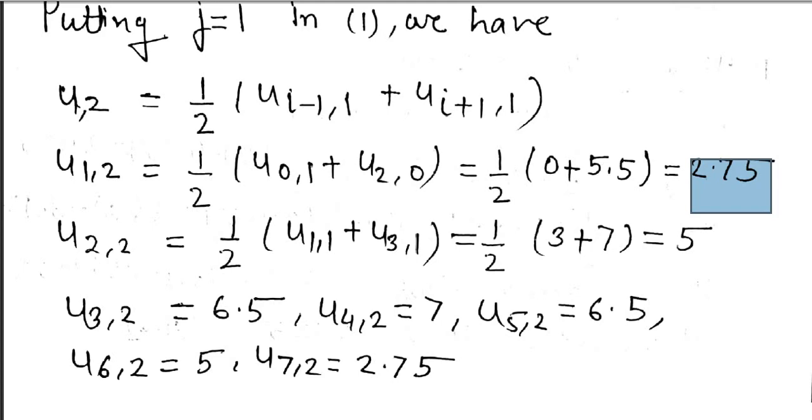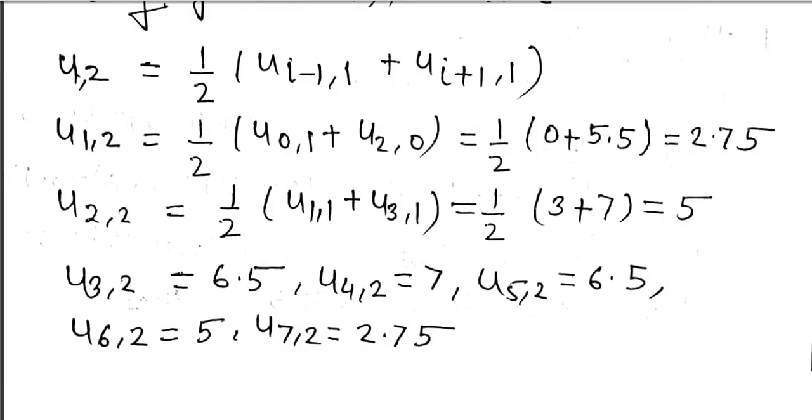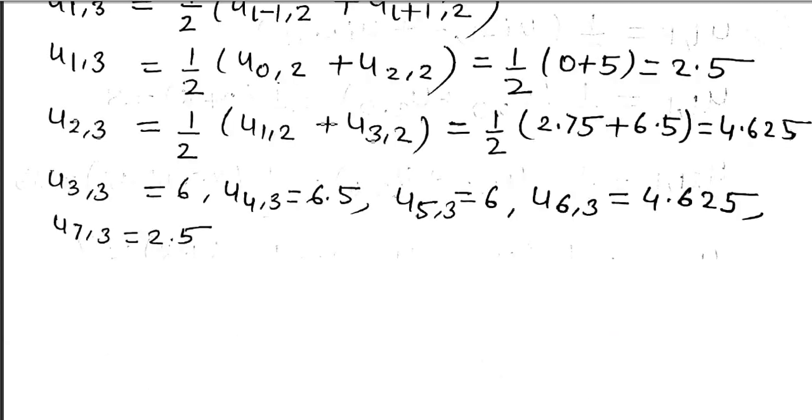Are you getting my point? So here we can easily find all these values like u12, u22, u32, u42, u52, u62, u72. These are the values whenever we put j equal to 2.